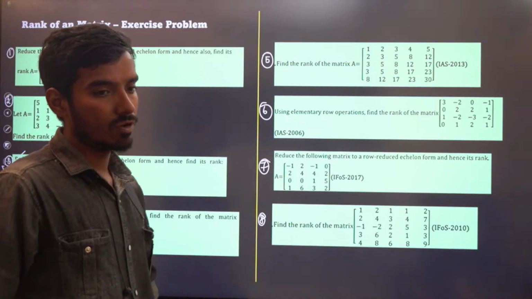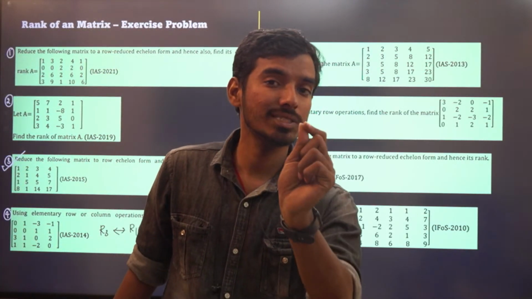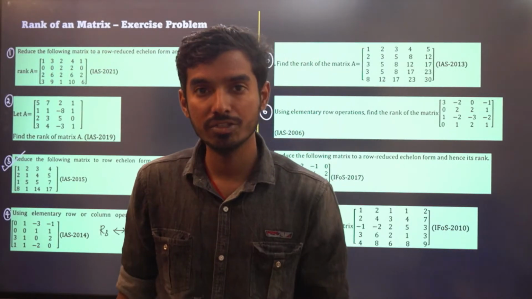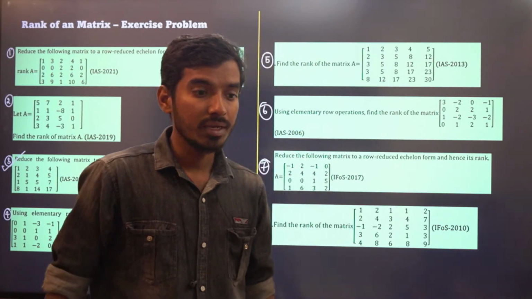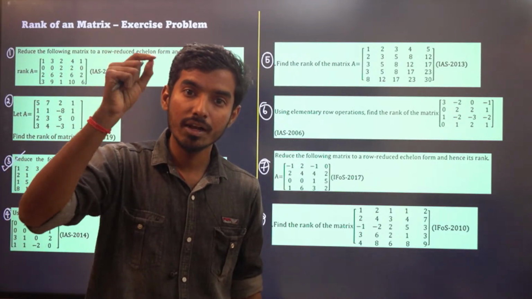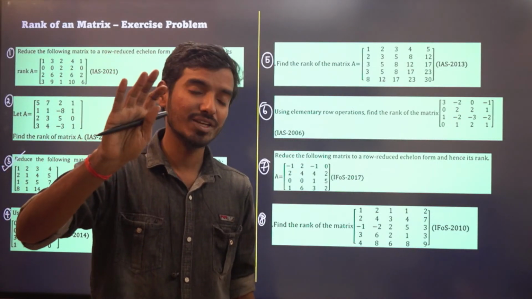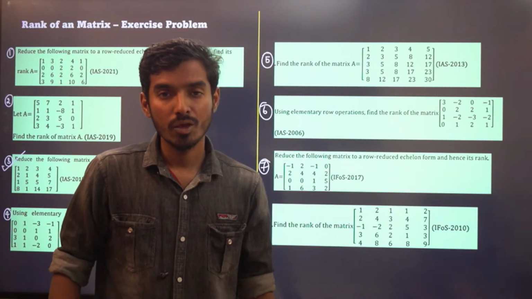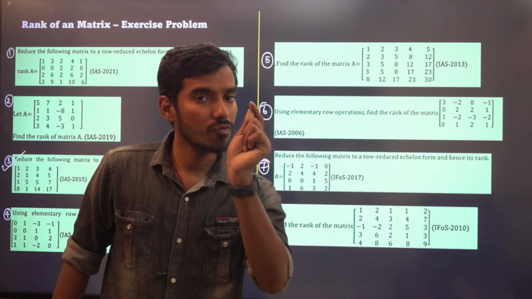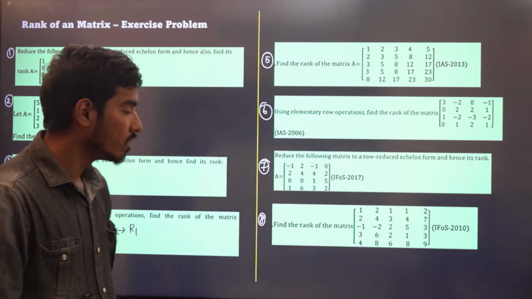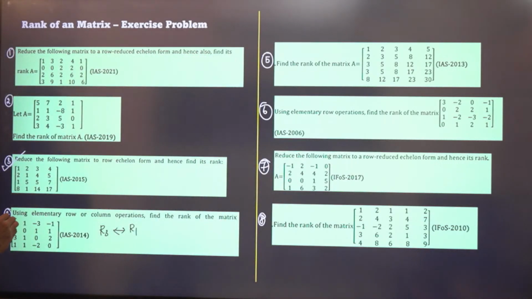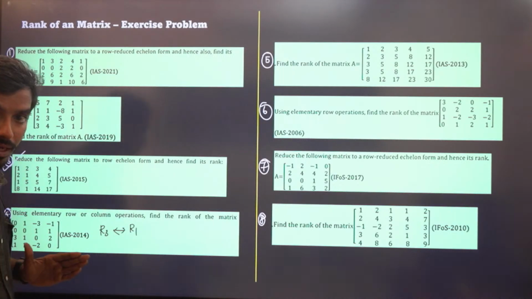Whenever you are finding the rank of a matrix, you always make sure that the first row, first element is non-zero. Here you can see the first row, first element is 0. You always make it non-zero. It will be convenient for you to do the problem. So what I'm doing is I'm interchanging R3 and R1. If I do that, the first row, first element will be non-zero.